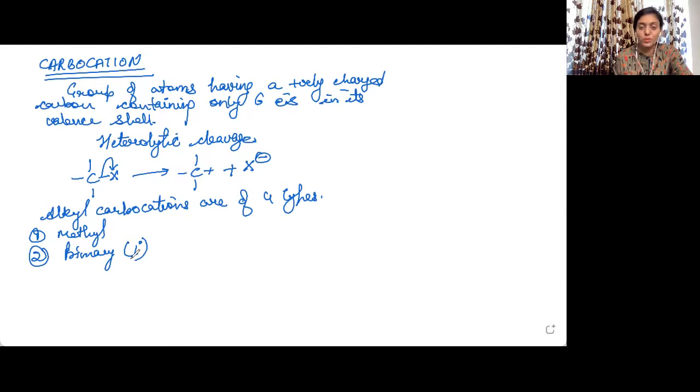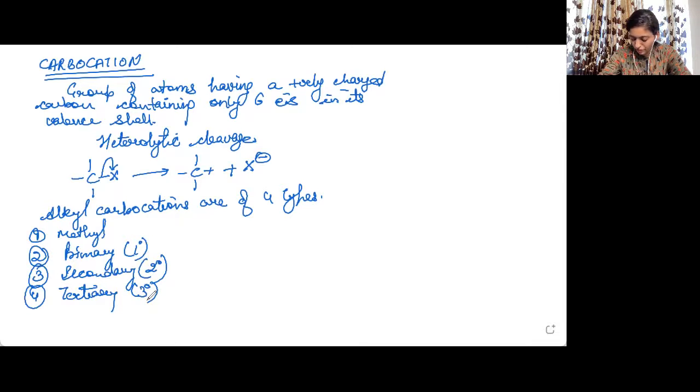Now do not call it 1 degree. Some students start calling it 1 degree. It is not 1 degree, it is primary. Then the third one is secondary, written like this. Fourth is tertiary, written like this.